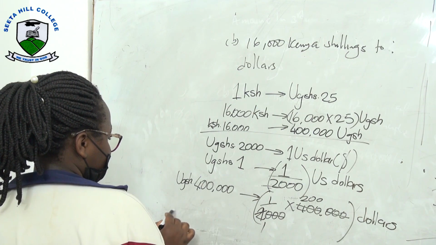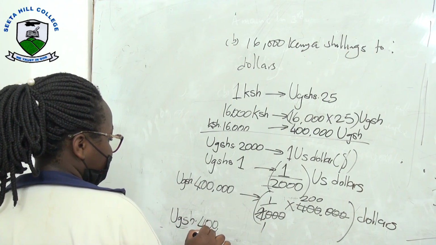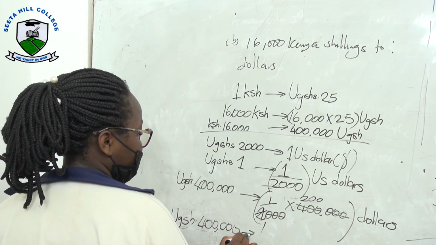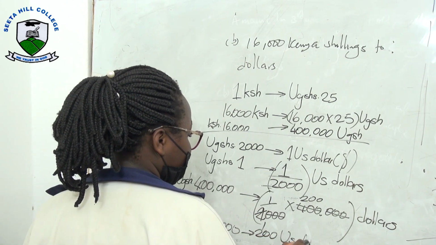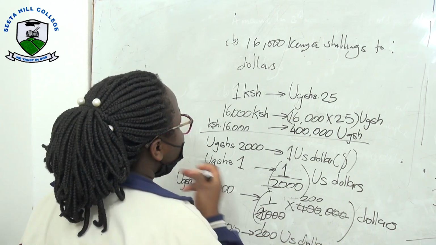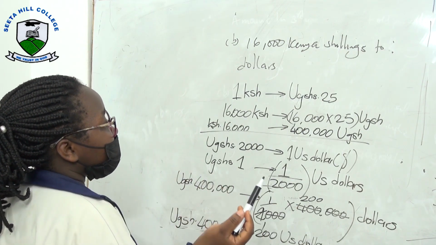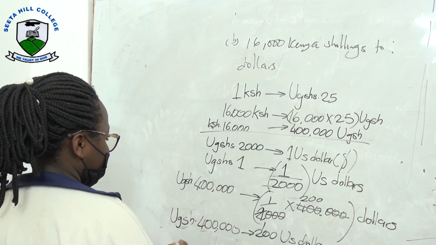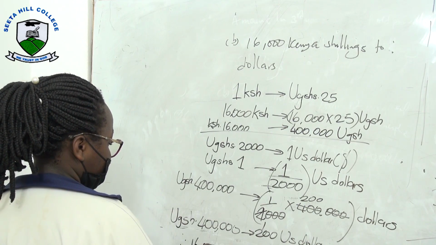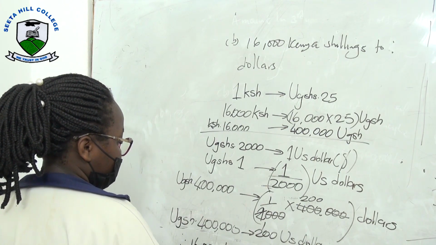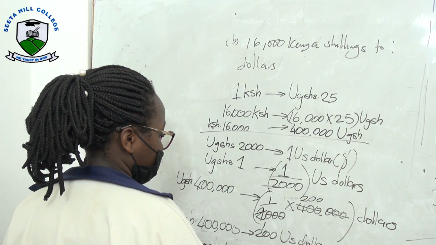So these Uganda shillings 400,000 will cost $200. The question is asking us to convert the 16,000 Kenyan shillings to US dollars. So therefore, 16,000 Kenyan shillings will give us 200 US dollars.